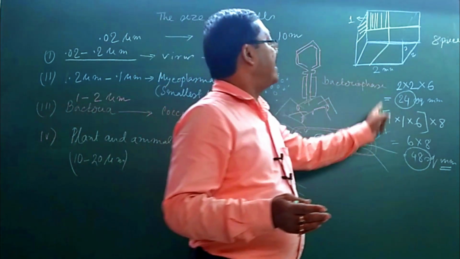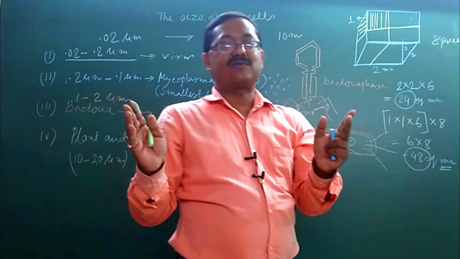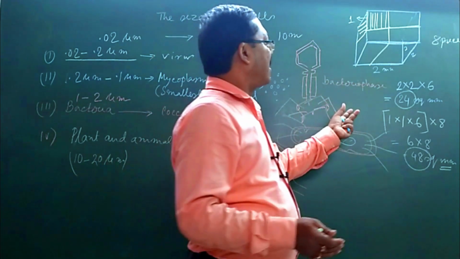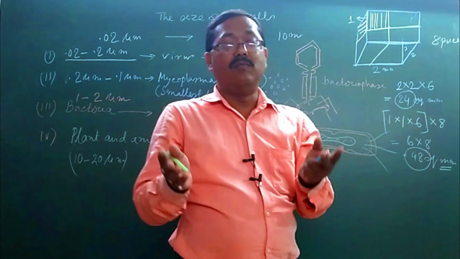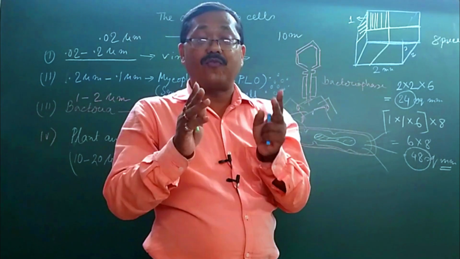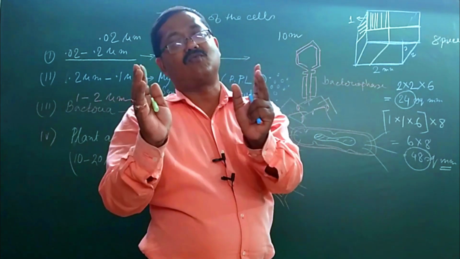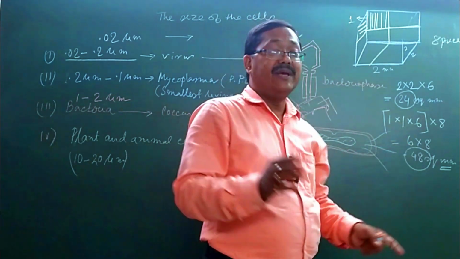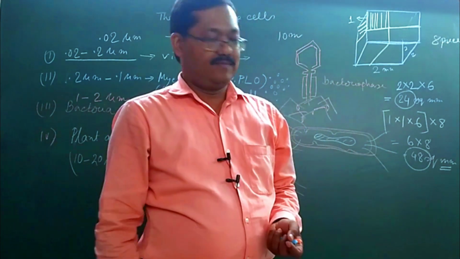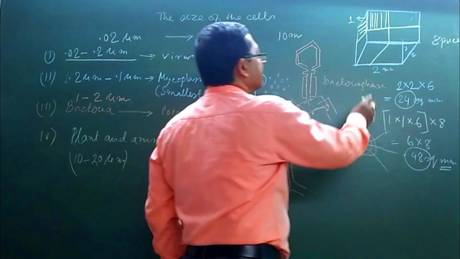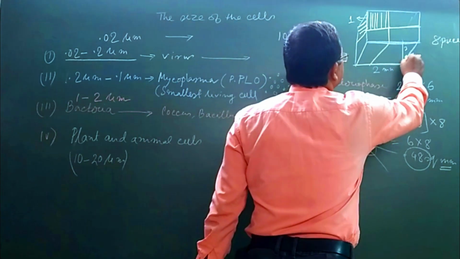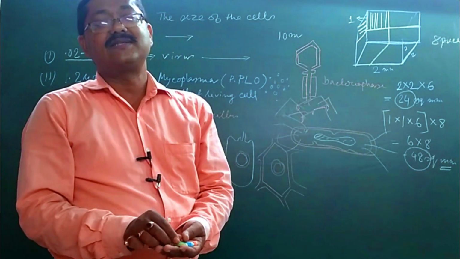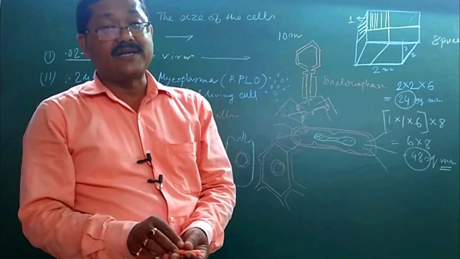When a cube is divided into 8 equal parts, the total surface area of all the equal cubes is doubled. This is the increase in surface area. What is the advantage of increasing the surface area?